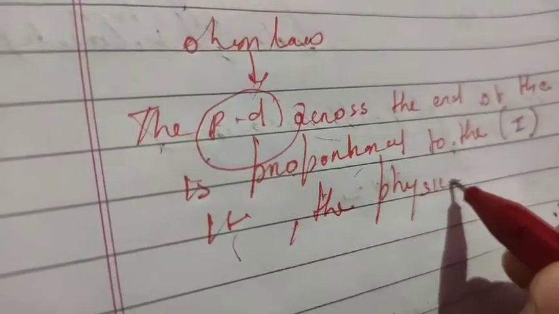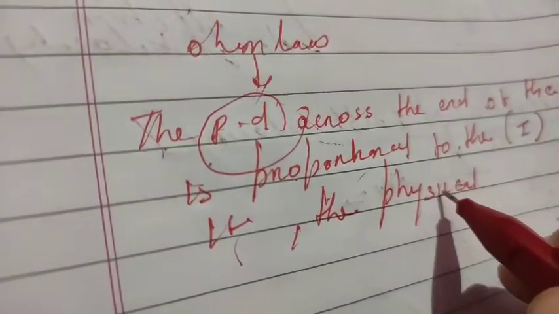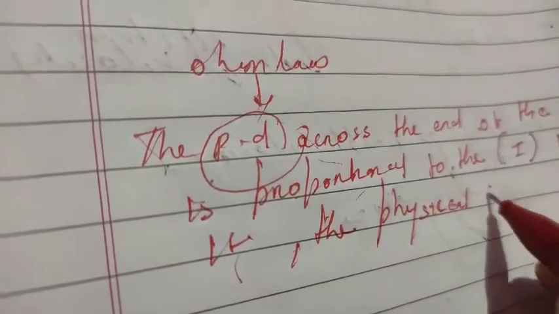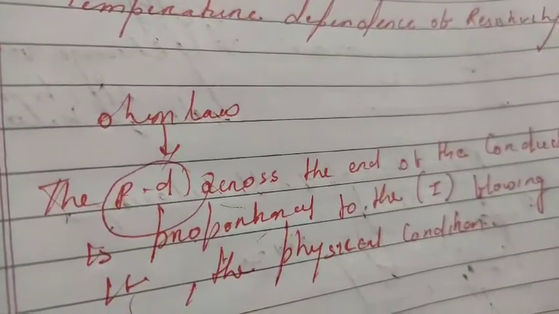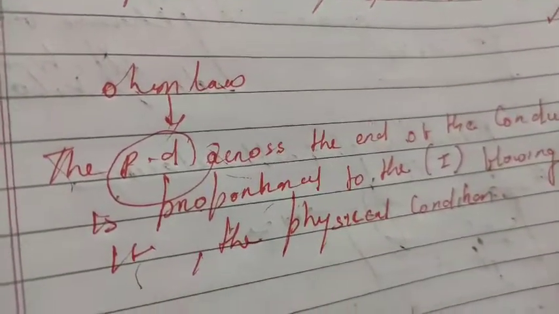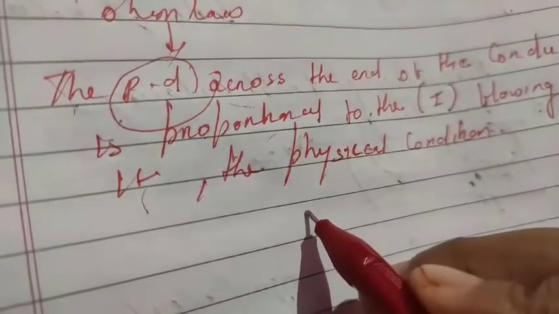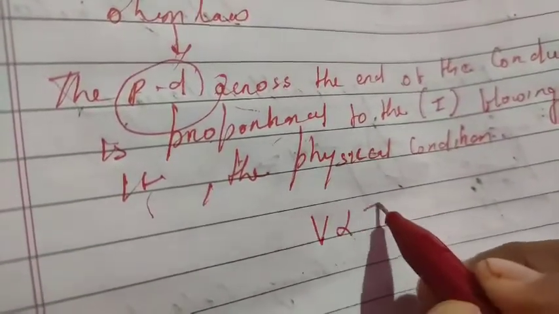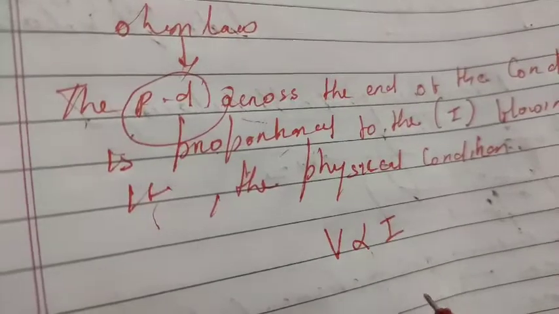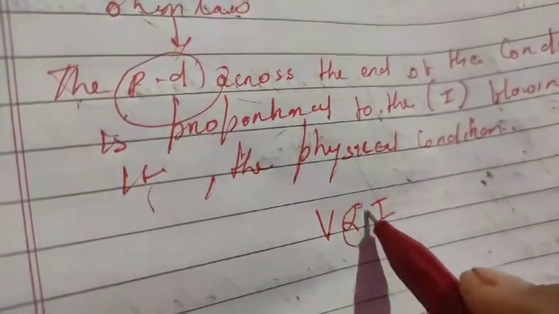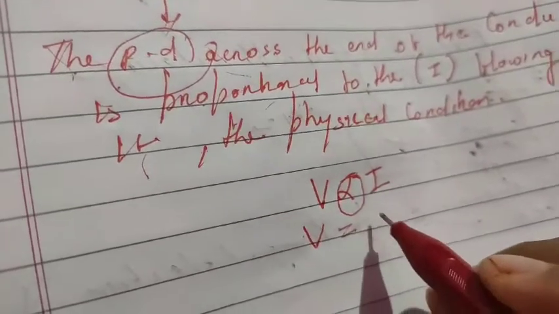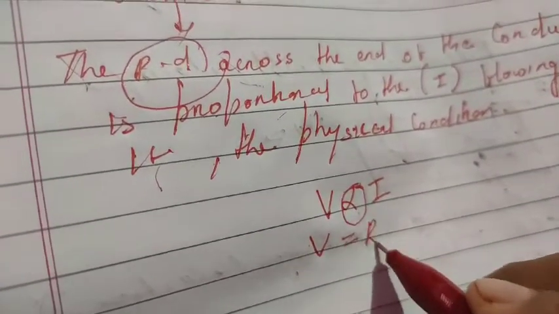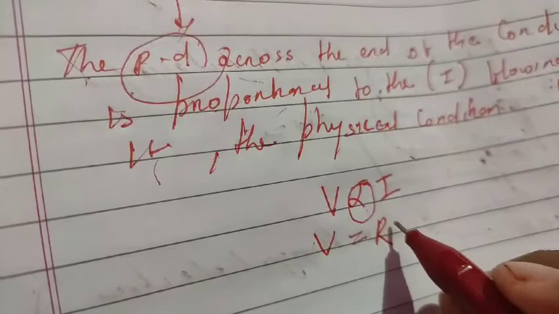That is more important, student. In a proper physical condition. Clear? And what is the physical condition? Like pressure should remain constant or unchanged. So what does Ohm's law tell, student? The potential difference is directly proportional to current, and if we remove this proportionality symbol, you always know that one constant term comes, that is R. So R I can take as a constant term.